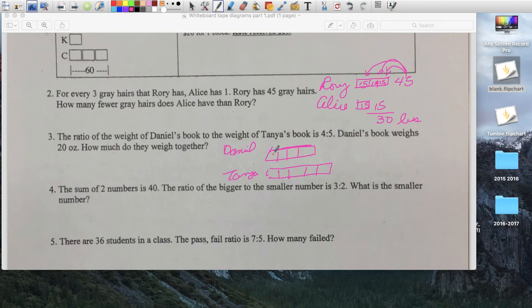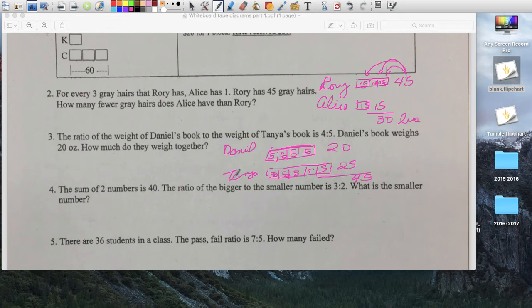Okay, I'm not drawing the ones again. So a combination of these 4 boxes gives you 20. What number can I put in here? 20 divided by 4 gives me 5, so each box will also be 5. That means Tanya's weighs 25. And if I add that plus that, it gives me 45.